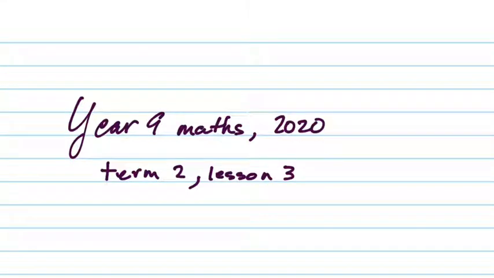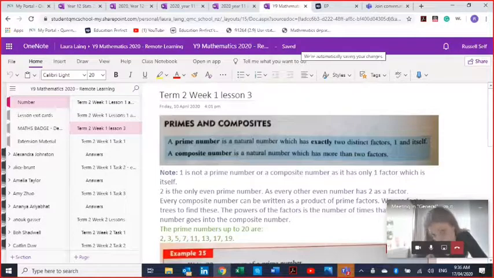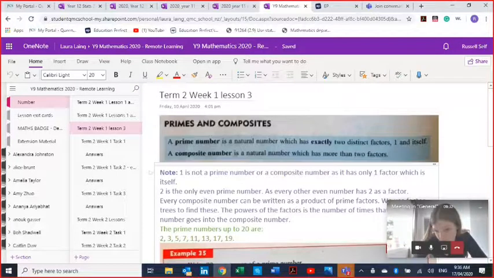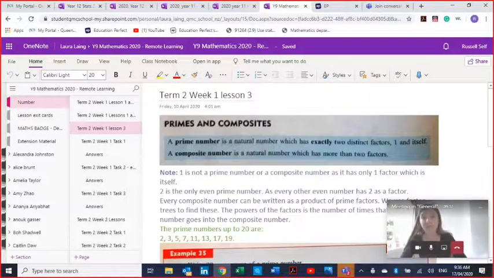Okay, so today what we're going to do is continue our look at number, right? We started off looking at numbers by talking about factors, talking about the counting numbers, talking about how to find factors, etc. Now today we're going to continue with more things about specific numbers.